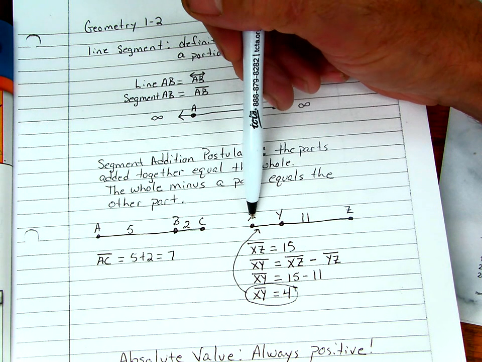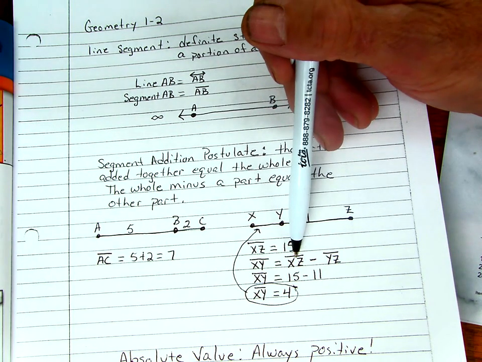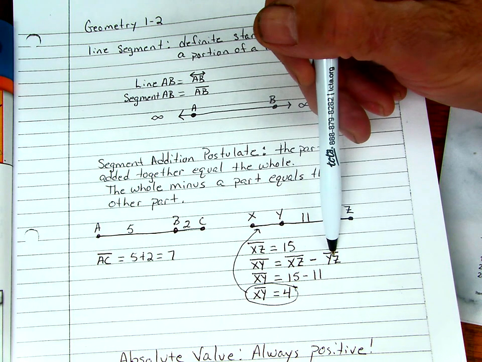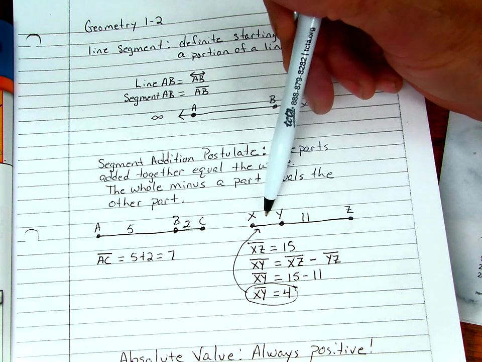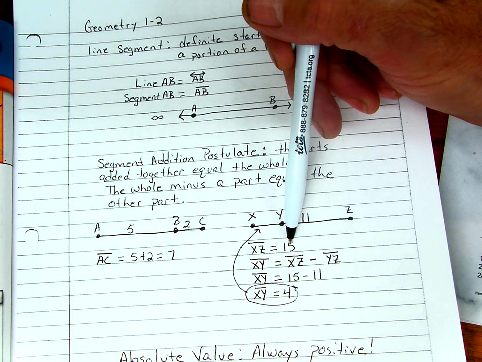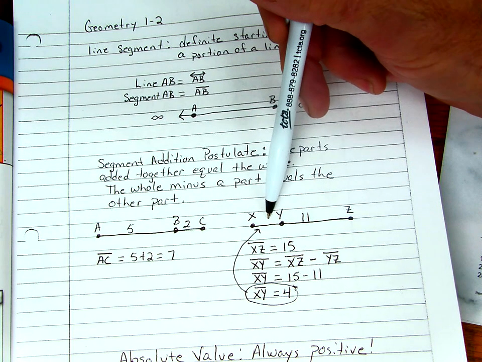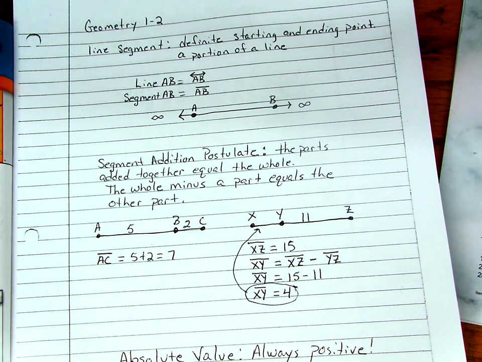So how far is it from X to Y? You take the whole, you subtract off the part that you know, and you're left with the part that you don't know. The whole thing is 15. Take away the 11. This part must equal 4.